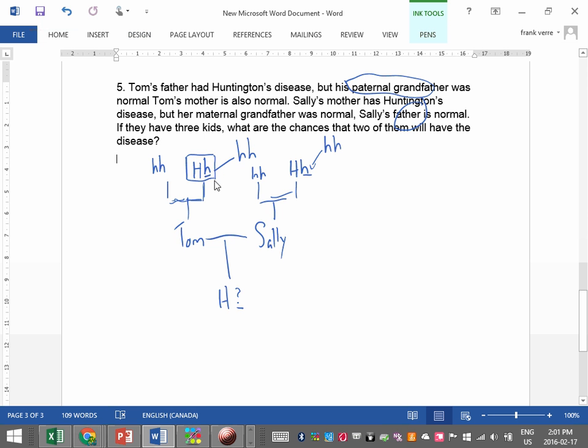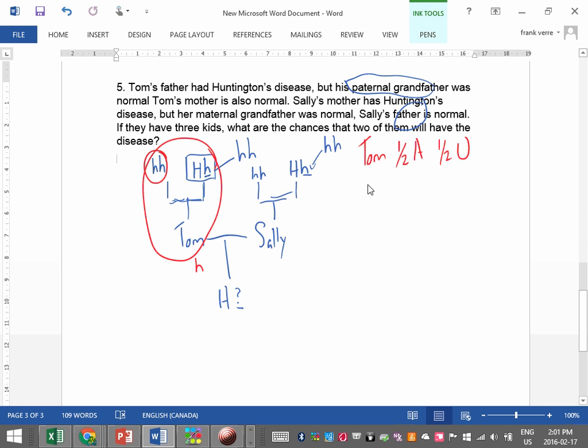Let's look at Tom. What are the odds that Tom is affected? Well, according to this, Tom is going to get a little h from one parent, and the other parent is 50-50 whether he gets the big H, right? So Tom has a 1/2 chance of being affected, A, and a 1/2 chance of being unaffected, U. Correct?